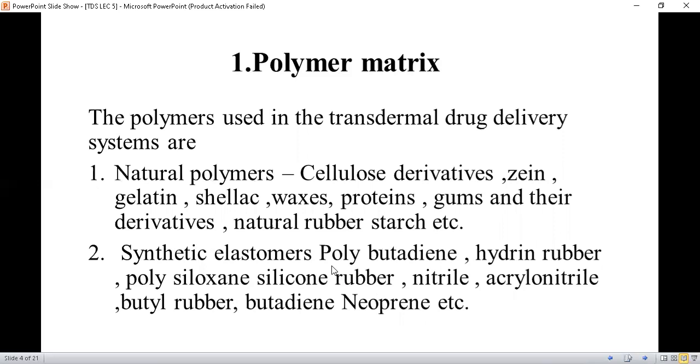Synthetic elastomers include polybutadiene, hydrin rubber, polysiloxane, silicone rubber, nitrile, acrylonitrile, butyl rubber, butadiene, neoprene, etc. These are the synthetic polymers and these are the natural polymers. Both are used in transdermal formulation as a polymer matrix so that a drug component can be absorbed or suspended in this polymer matrix, which will later be released from the matrix.